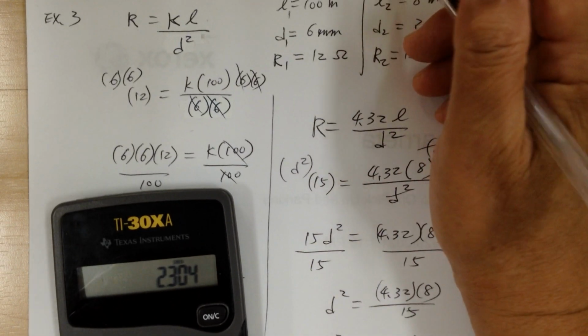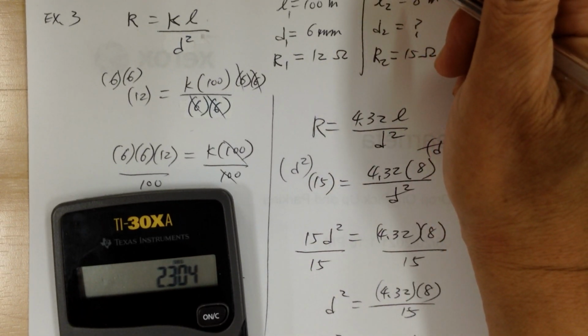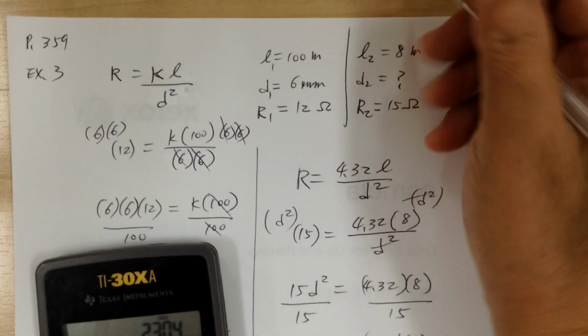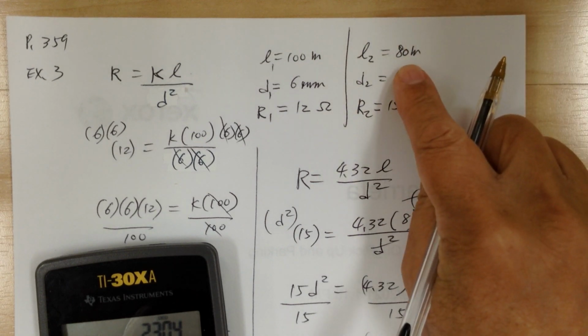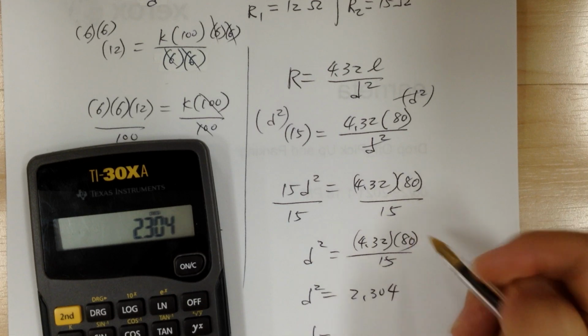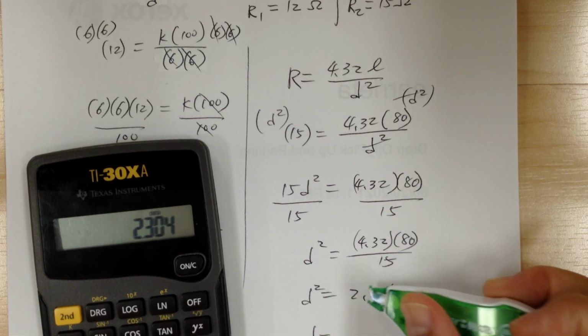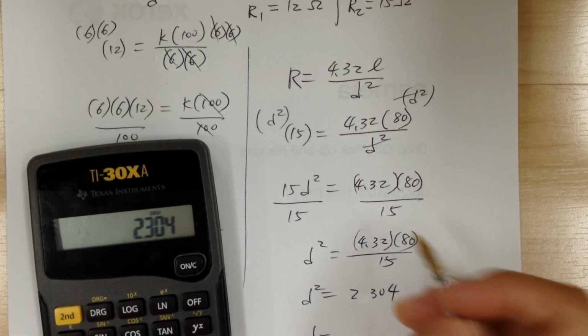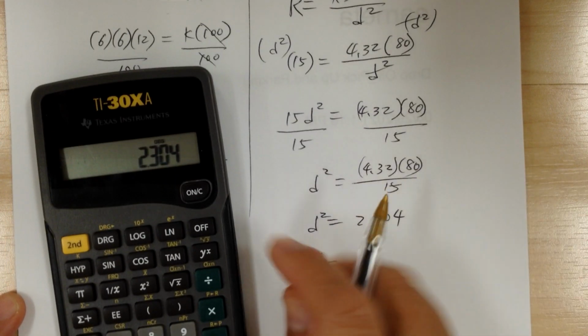Oh, okay. This is 80, not 8. Okay, misread. So it's 80, not 8. So let's go and do that. You have to be careful as you read. It's very easy to make mistakes.